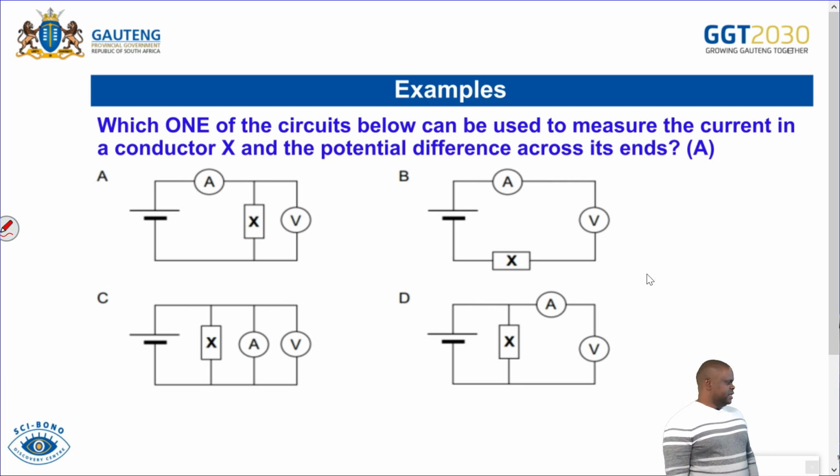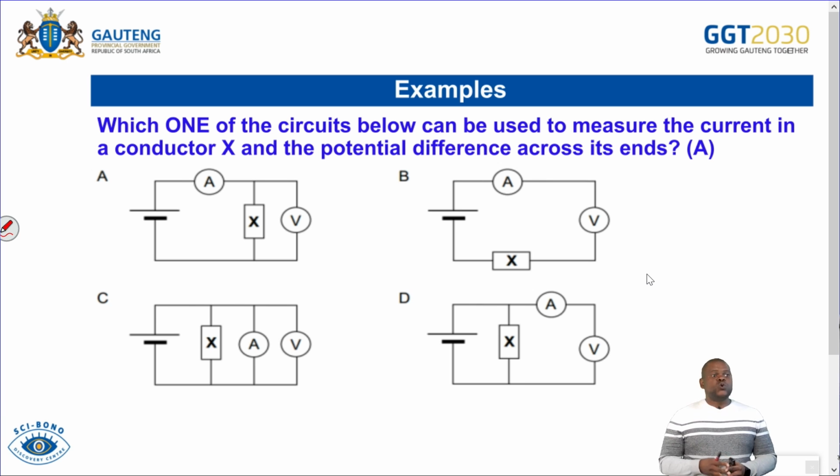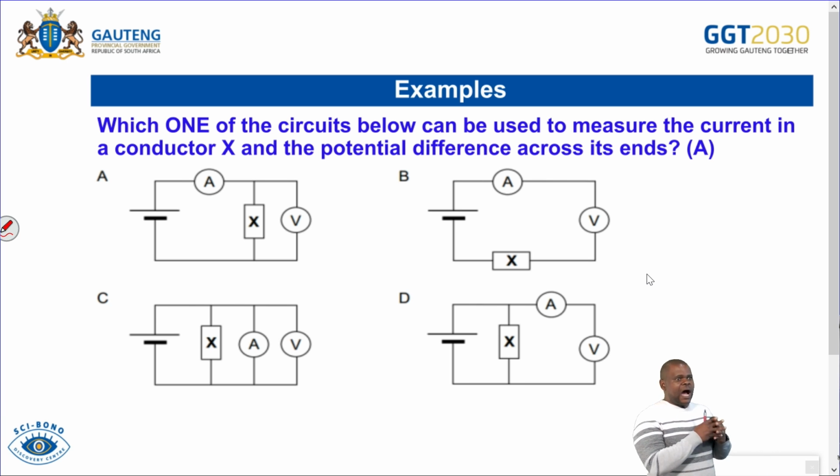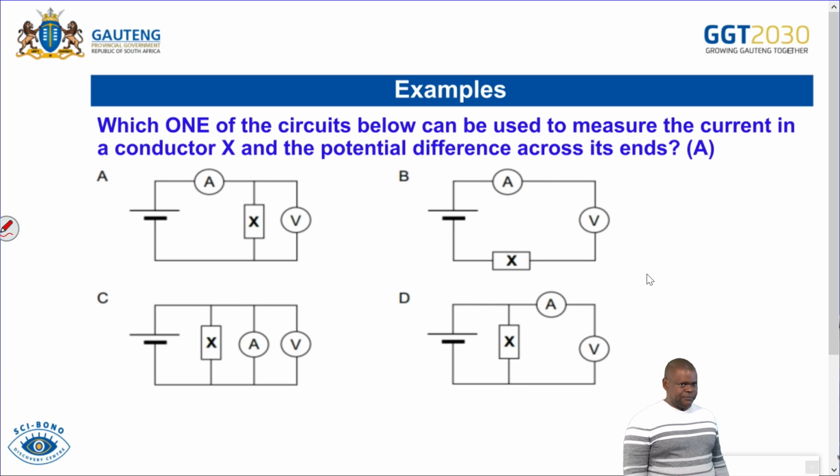That means, in simple terms, which one of these 4 circuits is connected well so that it can give us the right values on the ammeter and on the voltmeter? Which one of these 4 circuits is well connected to give us the correct voltage and the correct current?